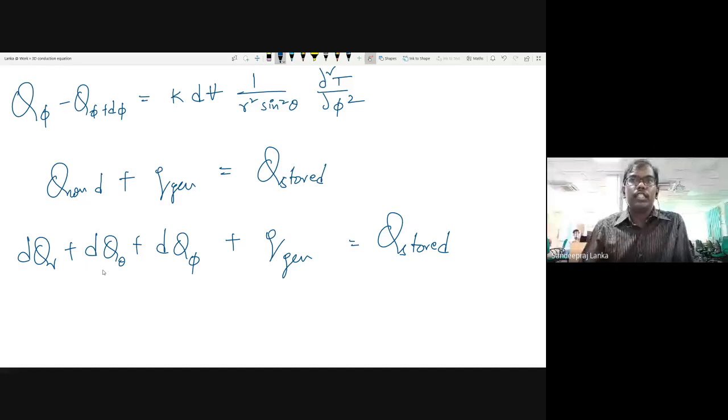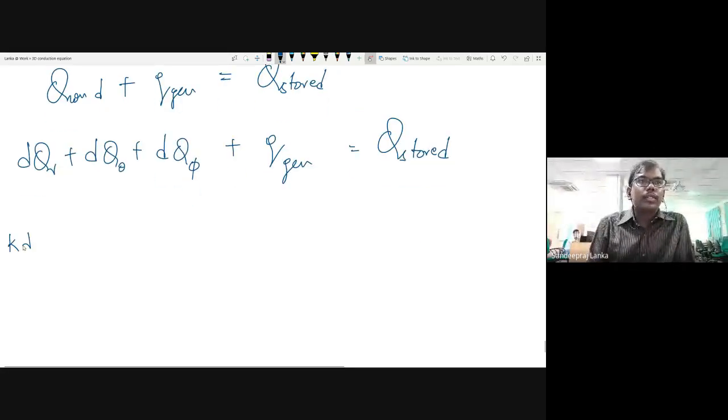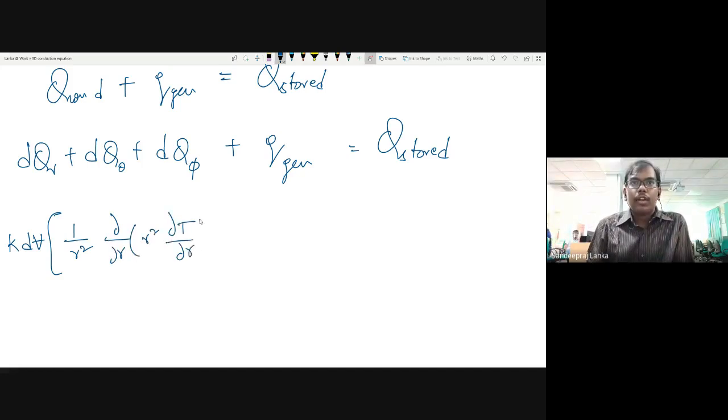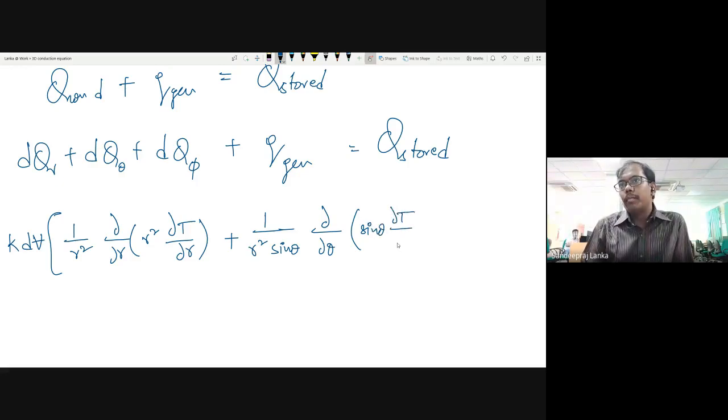So if I take this here, what I have is k into dv into, with respect to r, 1 by r square into dou by dou r of r square into dou t by dou r plus, I'll be closing a little fast, kindly bear with me, with respect to theta, 1 by r square sine theta into dou by dou theta of sine theta into dou t by dou theta, plus the phi direction.